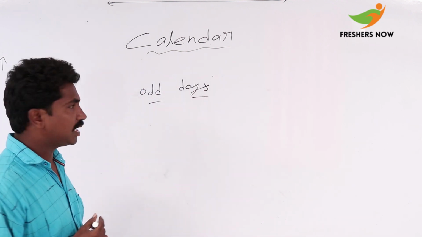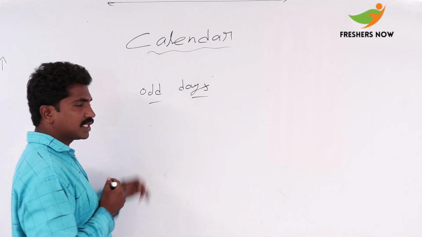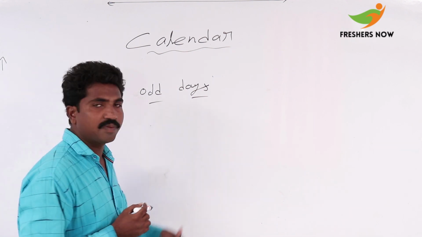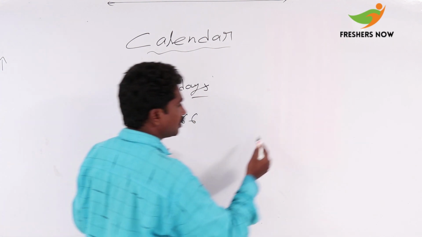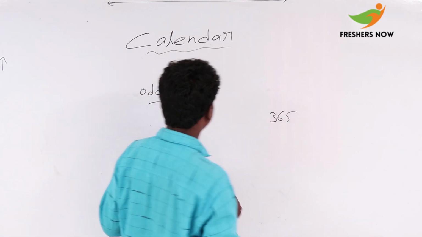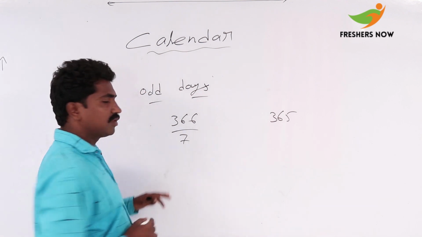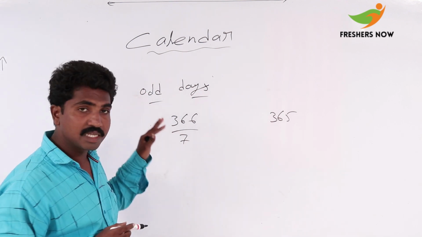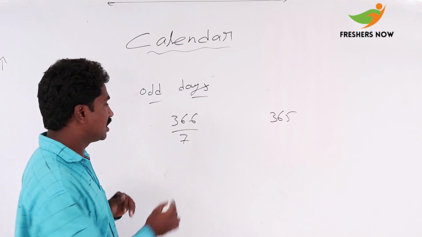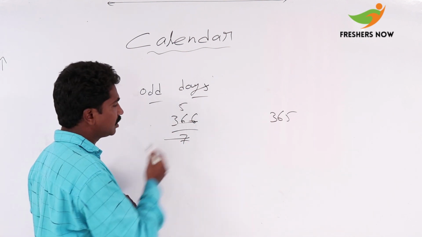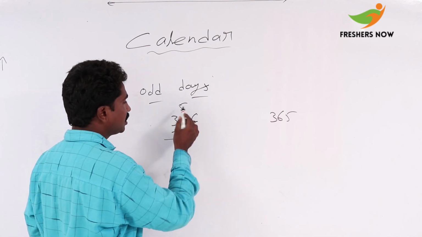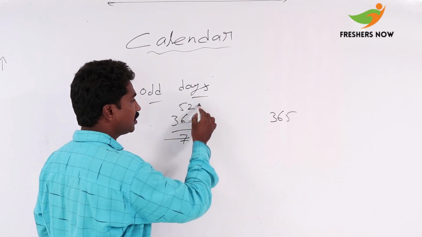Next, odd days. How do we get odd days? We have discussed that a leap year has 2 odd days and a non-leap year has 1 odd day. Take 366 days and 365 days, divided by 7. Why? Because 1 week has 7 days. For 366: 7 fives are 35, remaining 1, then 16. 7 twos are 14, remaining 2 days.